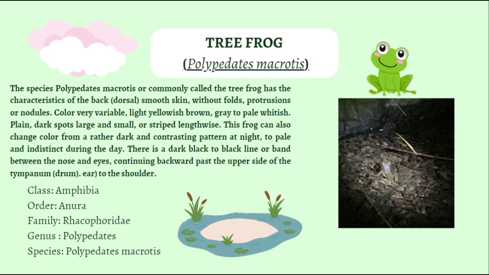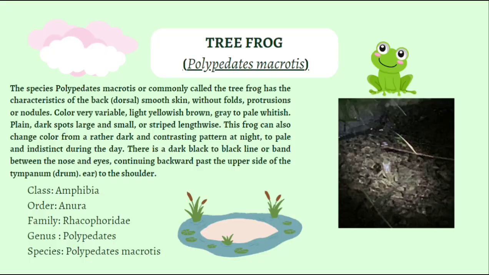This frog can also change color from a rather dark and contrasting pattern at night to pale during the day. There is a dark brown to black line or band between the nose and eyes, continuing backward past the upper side of the tympanium to the shoulder. The species is from class Amphibia, order Anura, family Rhacophoridae, genus Polypedates, and species Polypedates macrotis.